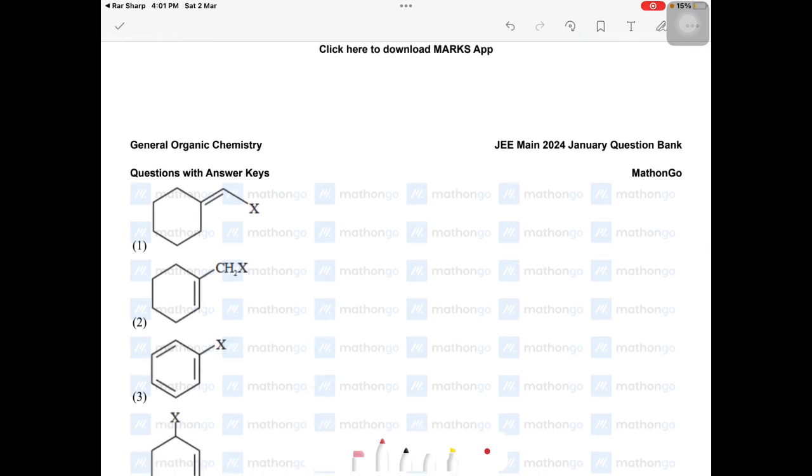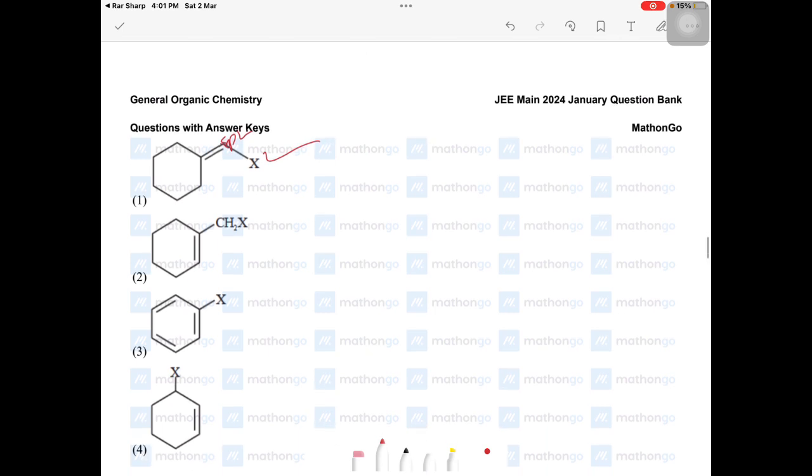So here halogen is directly attached to sp2 carbon, that's why first one is correct. Here not attached to sp2 carbon, it is allylic. Here directly attached to sp2 but it is benzene, that's why it is aryl. This is also allylic. This one, first one is vinylic.